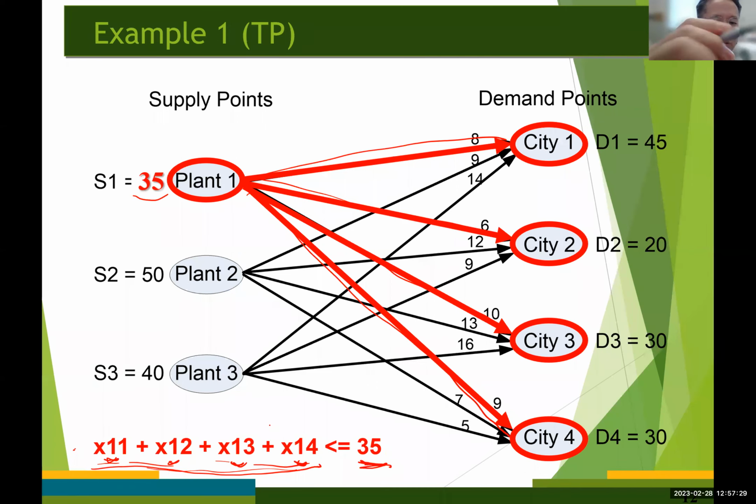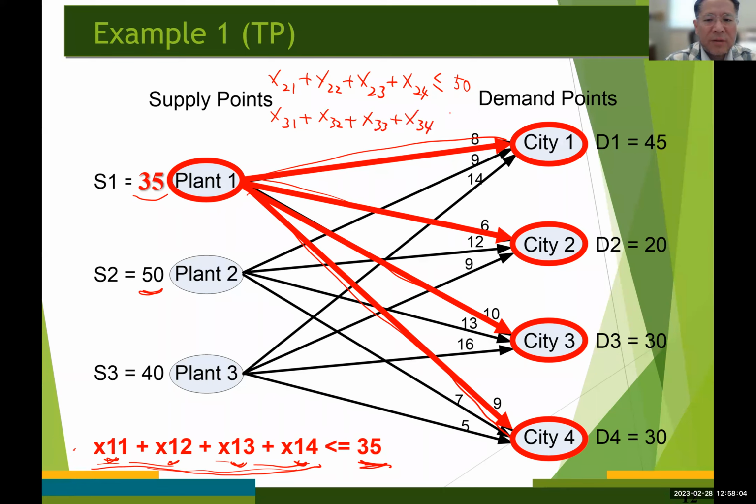So for plant number 2, it's going to be x21 plus x22 plus x23 plus x24 has to be less than or equal to the capacity of plant number 2, which is 50 million kilowatts. Likewise, for plant number 3, you have x31 plus x32 plus x33 plus x34 has to be less than or equal to 40.